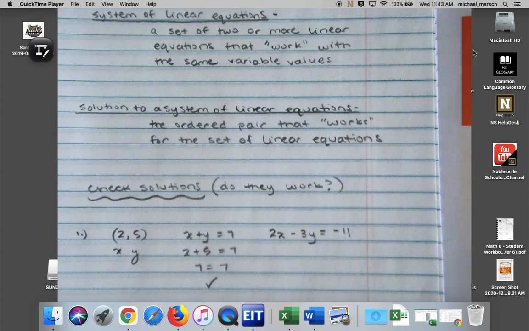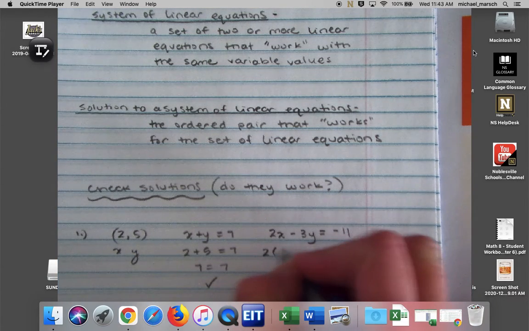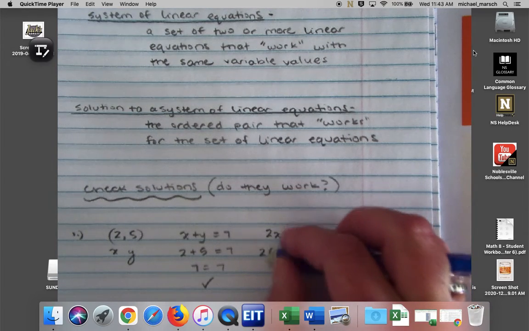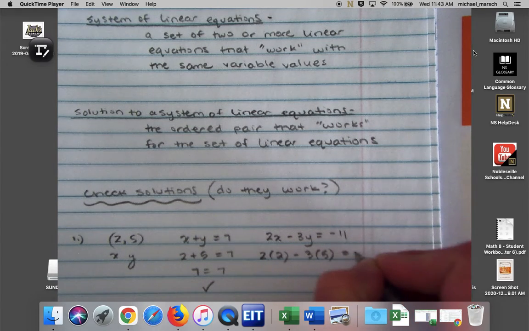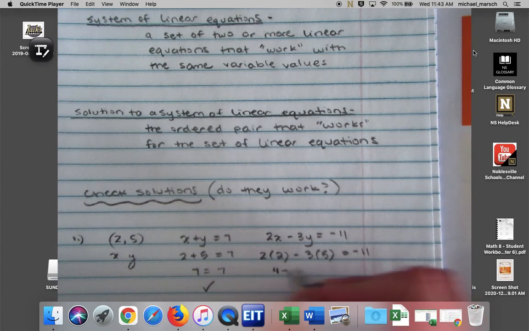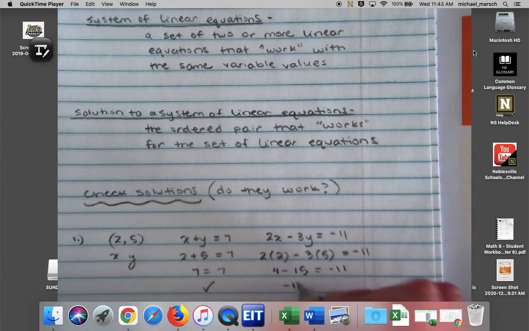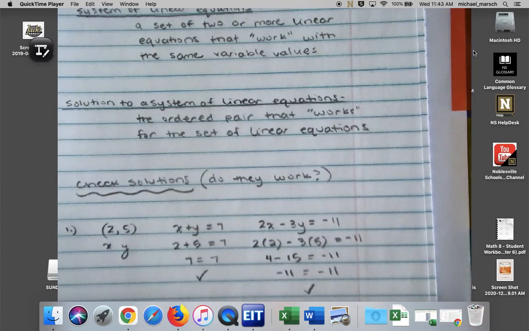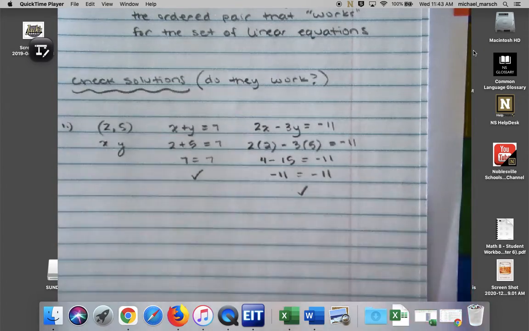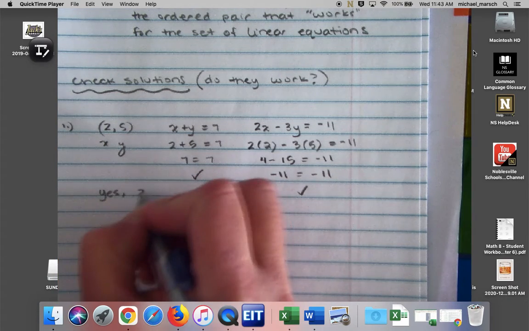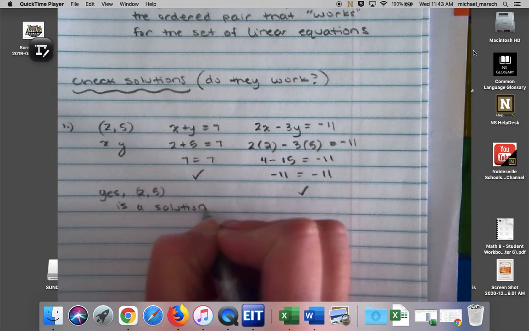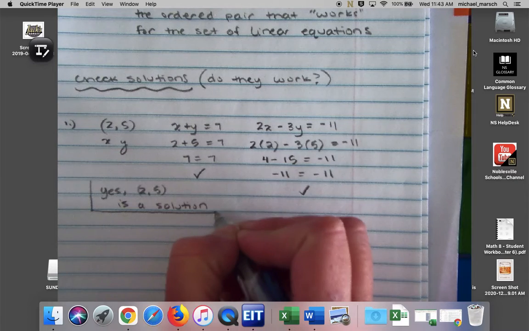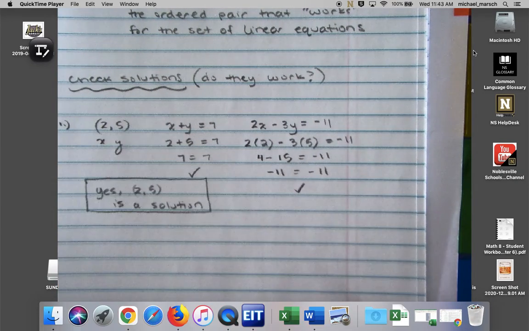So 2 times 2, because that's my x value, minus 3 times 5, will that equal negative 11? Looks like it works. So we would say, yes, 2, 5 is a solution.